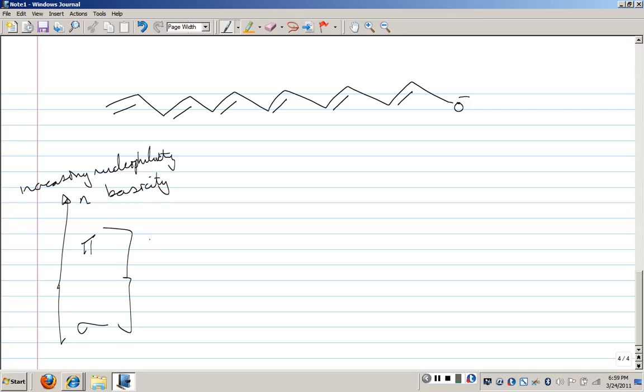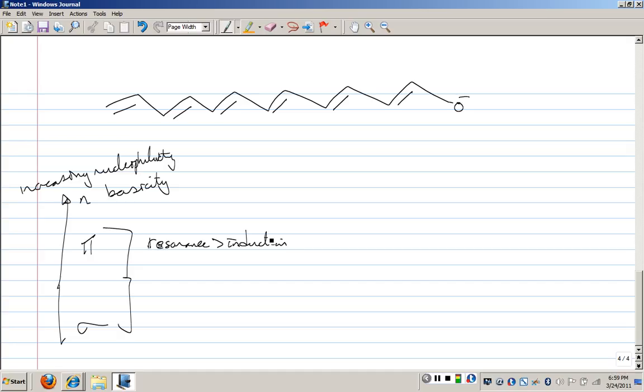So it is also a measure of induction versus resonance. Because pi electrons are bound less tightly, they can respond more to a potential difference in the molecule, and therefore resonance is going to beat induction. So that's the first thing. Resonance is more potent than induction.